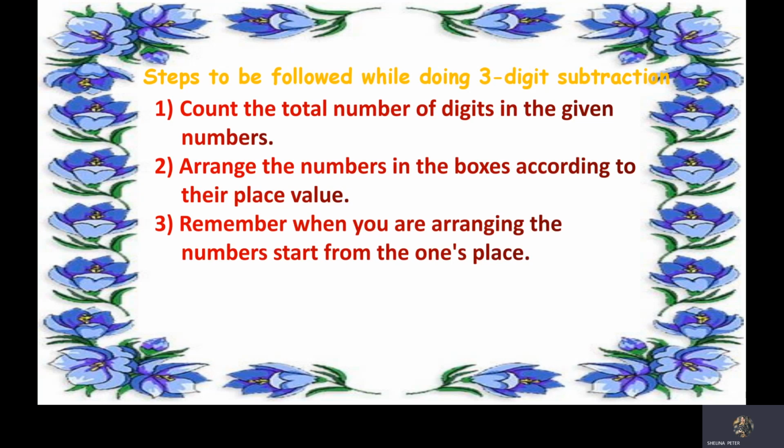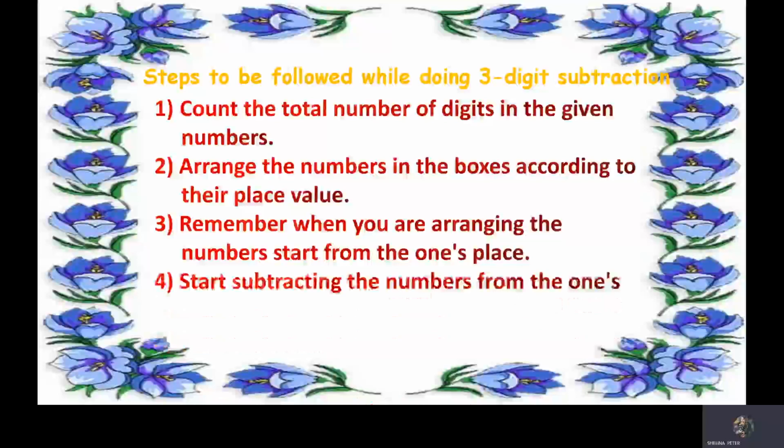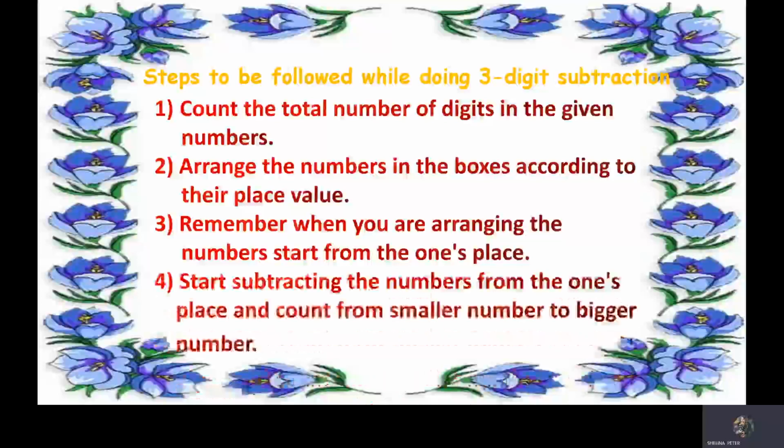Third point, remember when you are arranging the numbers, start from the ones place. Fourth point, start subtracting the numbers from the ones place and count from smaller number to bigger number. So always remember these 4 points while you are doing three-digit subtraction.